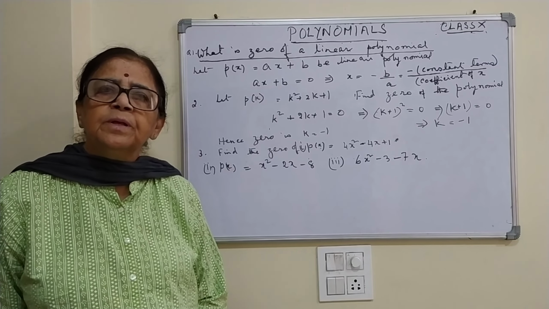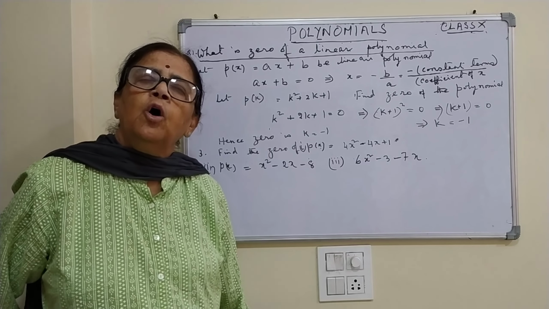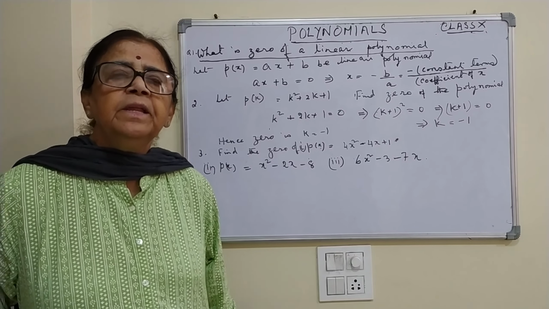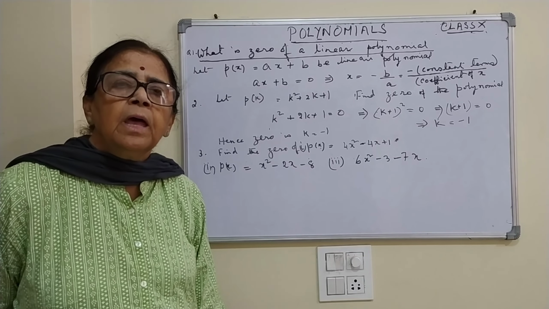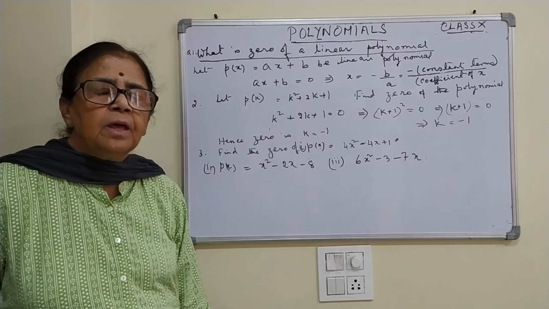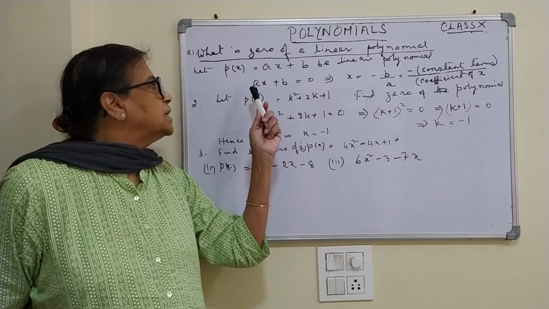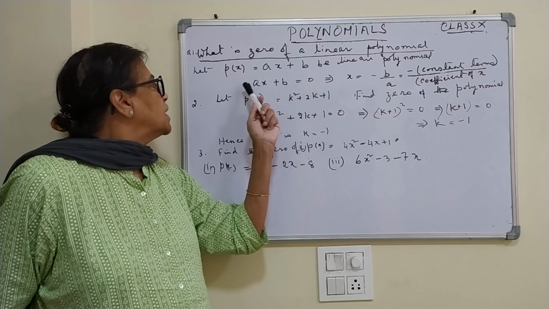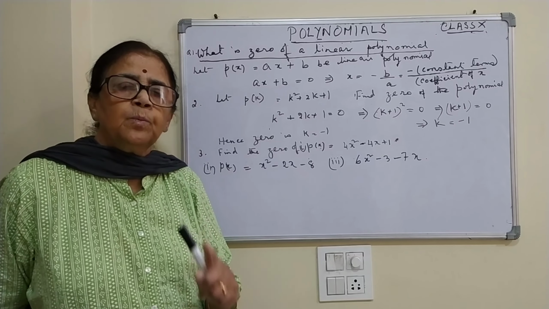First we will learn zero of a linear polynomial. Linear polynomial means the degree of the polynomial is 1. Can you give me an example? I can. ax plus b is a polynomial whose degree is 1.